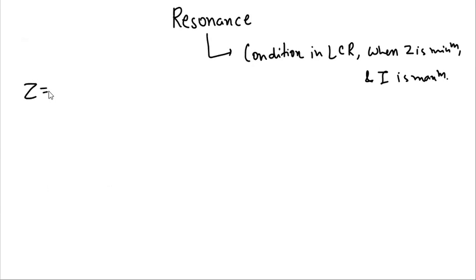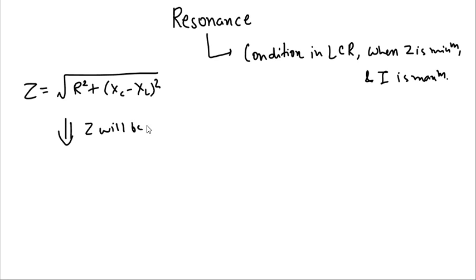The value of Z is root of R square plus (XC minus XL) whole square. To minimize Z, you can't make R zero because in an LCR circuit R will be there. So Z will be minimum when XC minus XL is 0.